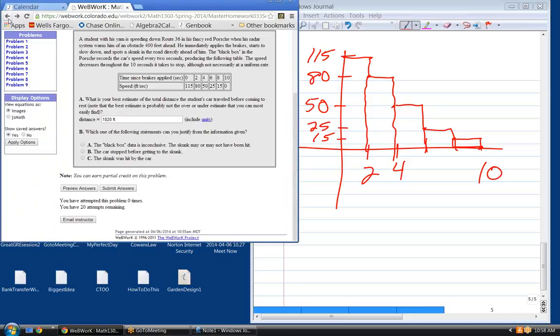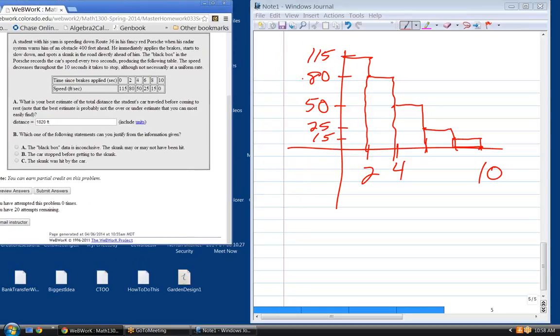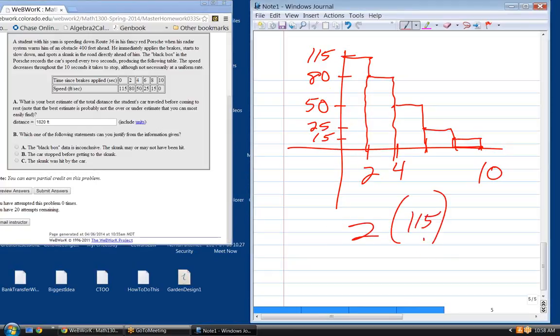Just tell me what your math was. So the left hand I did 2 times 115, 2 times 80, 2 times 50, 2 times 25, and 2 times 15. Add up that column of numbers right there, times 2. So yeah, I got 570. Where'd you come up with 1820? I thought we were doing the left hand and the right hand and averaging.